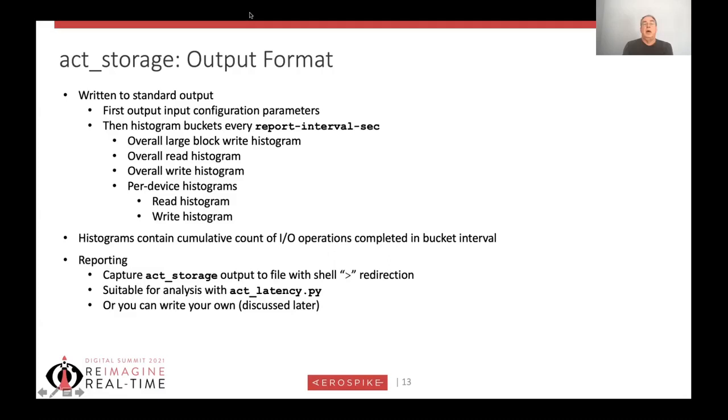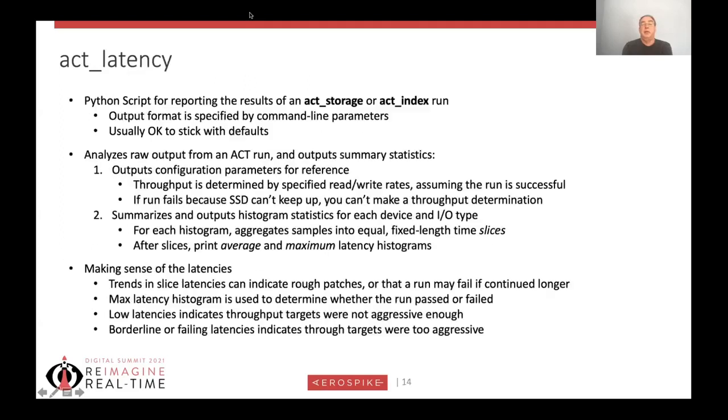And then every report interval, which is by default 1 second, it will write intermediate histograms showing cumulative IO operations. Some of these are both per device and per category. And as I said, you capture them and then you can run ACT latency on them, which is the next subject we're going to discuss.